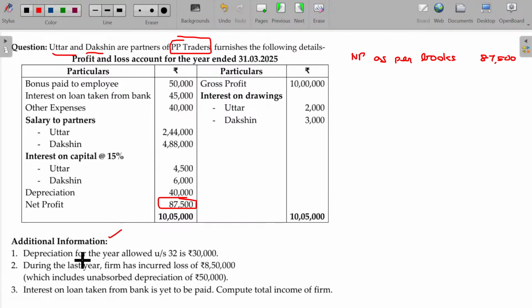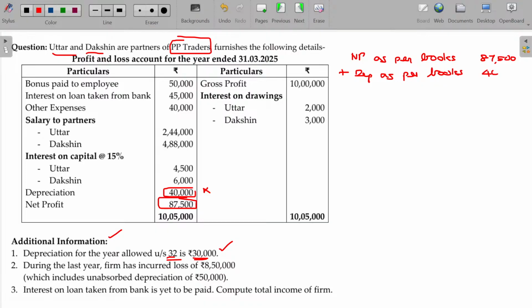Additional information. Depreciation for the year allowed under section 32 is 30,000 rupees. But depreciation debited in the P&L account being 40,000. The excess is disallowed; only the allowed amount is deductible. The disallowed will be added. Depreciation as per the books is added, that should not be deducted, right?